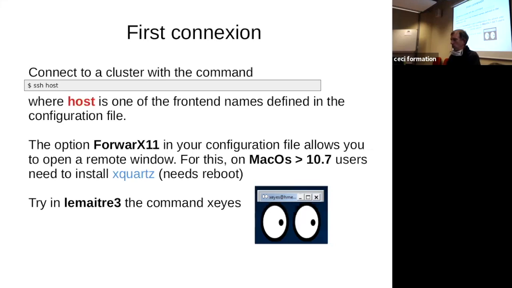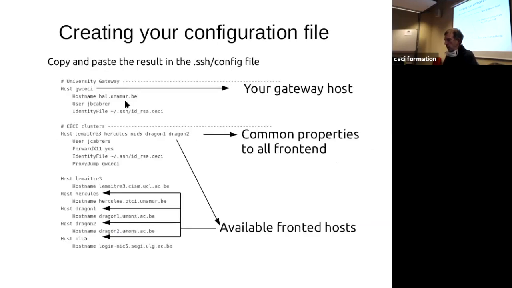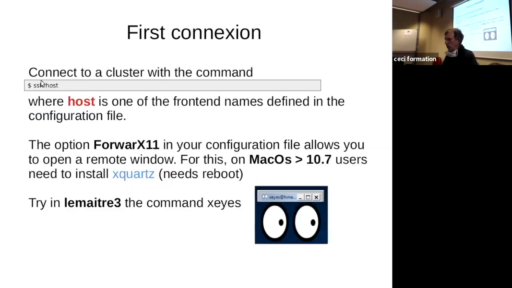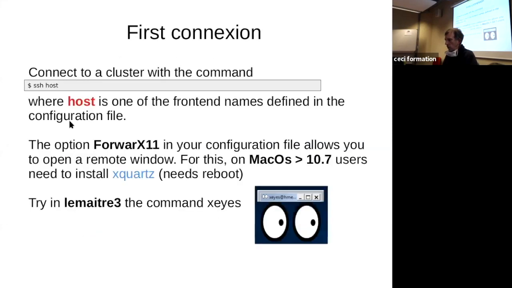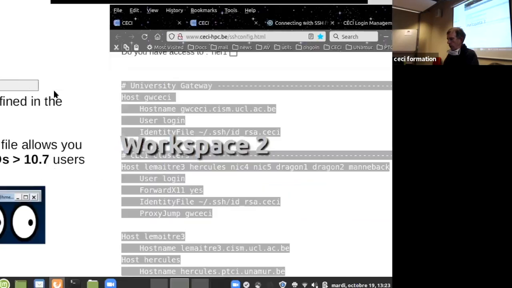And the next exercise is to do the first connection. So once you have this file and your private key here, you can do ssh host, where you change host by one of the front ends here: Elements 3, Hercules, Dragon 1, 2, or Nic 5. And then you can connect to the front end.